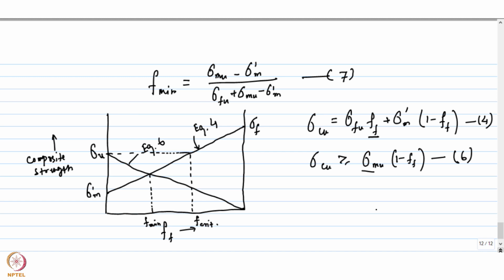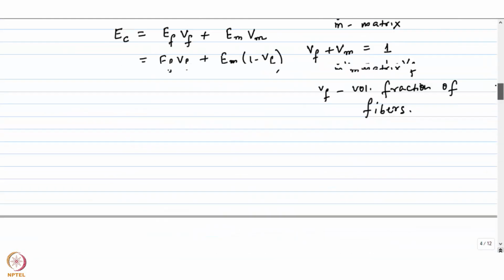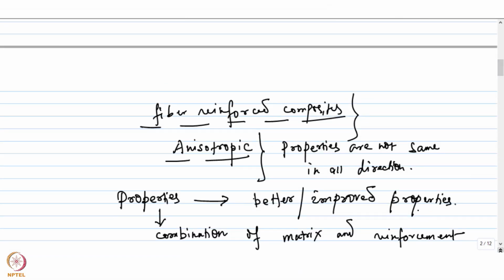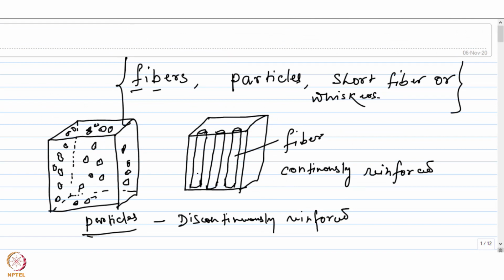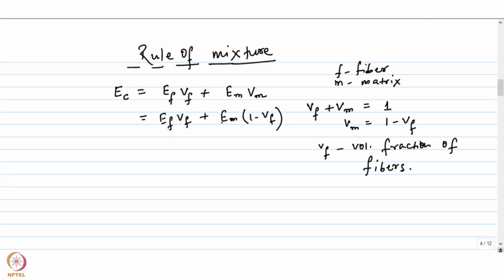So let me quickly summarize. The property of a composite can be given by the rule of mixtures, which basically represents the weighted average of the properties of the individual constituents. So if the volume fraction of the reinforcement is known, then the property can be obtained by this expression representing the rule of mixtures.